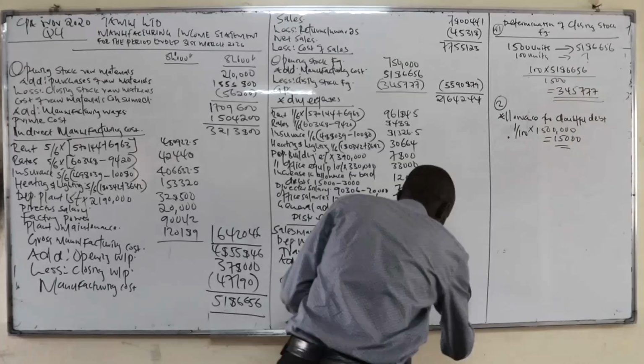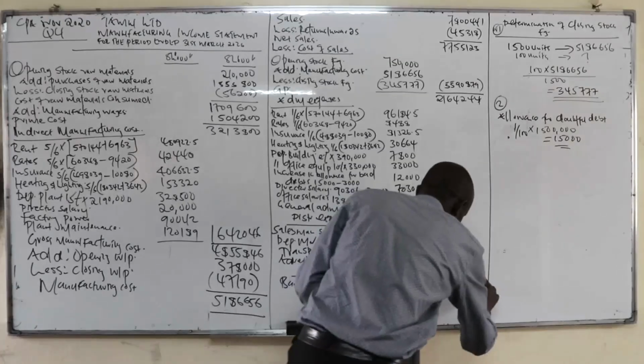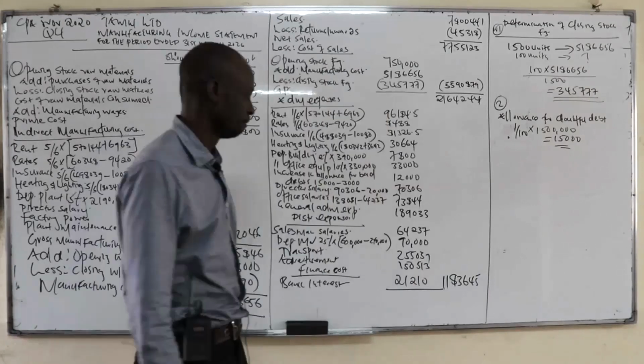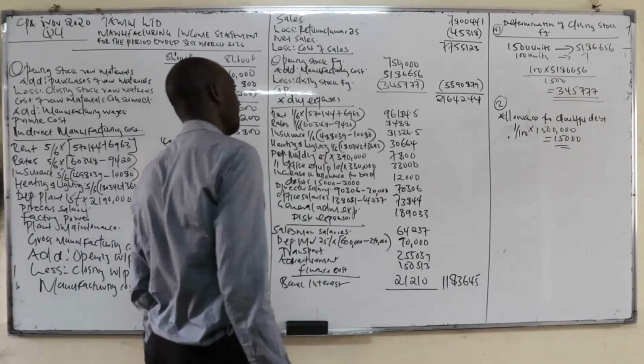The total is 1,183,645, like this. Is that true? This is correct, isn't it? I hope so.